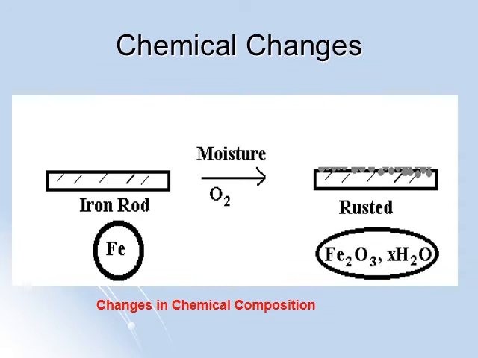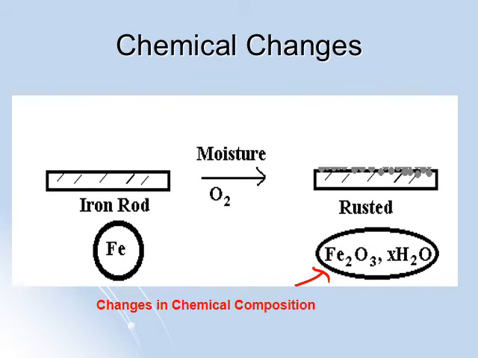Now we are going to give you an example of chemical changes. An iron rod, when sitting outside in the presence of moisture, and of course you'd have oxygen there, gets rusted. And rust is nothing but iron oxide, Fe2O3·xH2O.